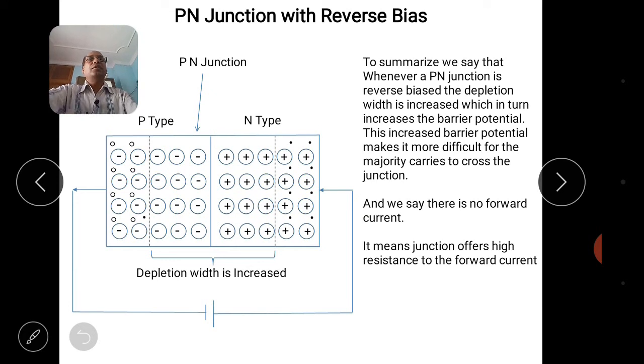To summarize, whenever a p-n junction is reverse biased, the depletion width is increased, which in turn increases the barrier potential. This increased barrier potential makes it more difficult for the majority carriers to cross the junction. It means the junction offers high resistance to the forward current.